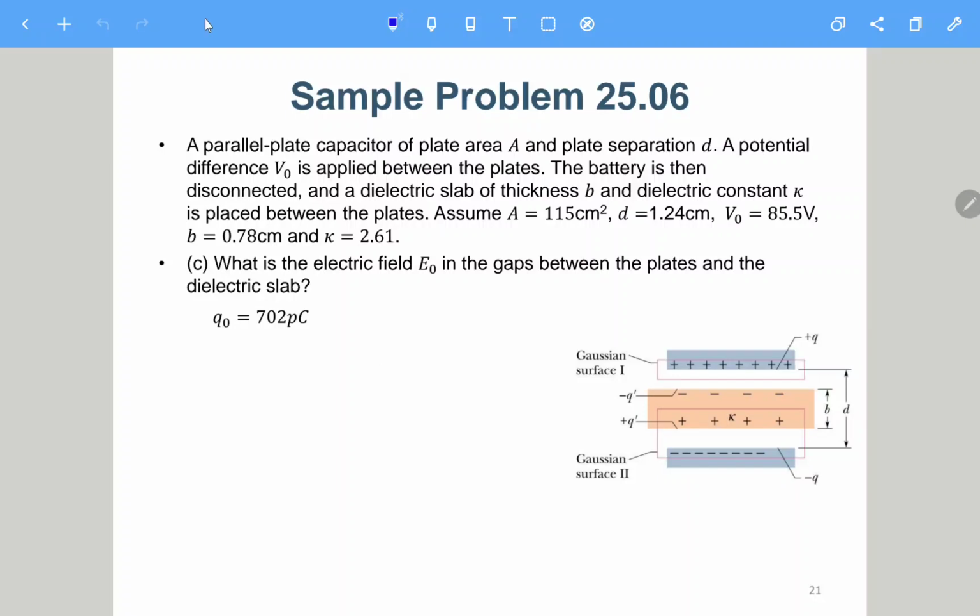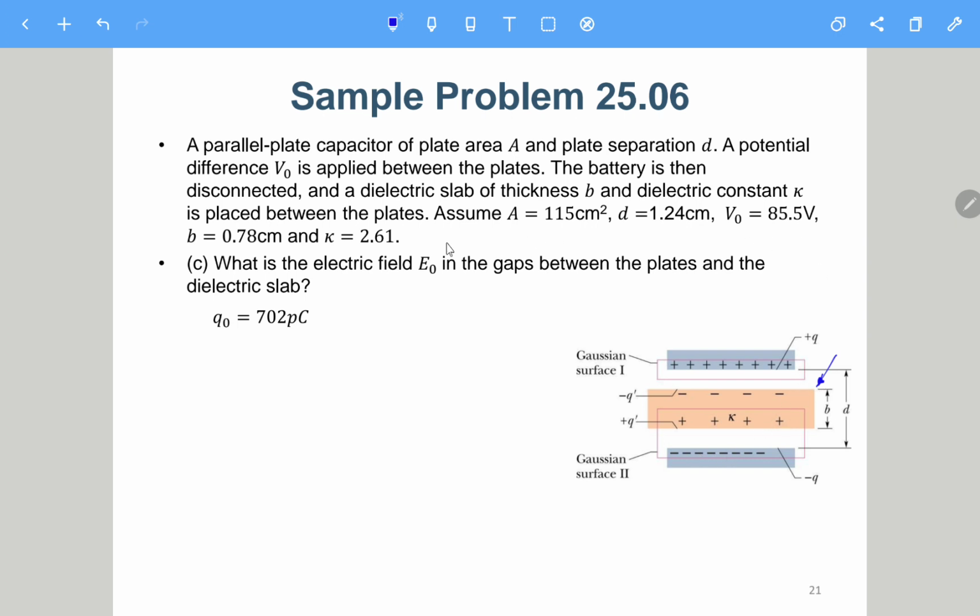Next, what is the electric field E0 in the gap between the plate and the dielectric slab? Here we consider that we already have the dielectric slab, but this slab is thinner than the distance between the two conducting plates.